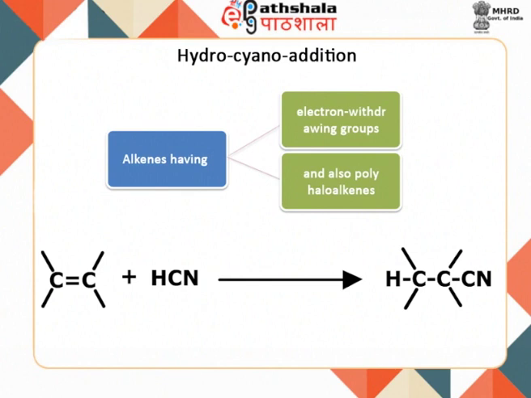HCN in the presence of base gives cyanide anion, which is a good nucleophile and adds to the activated alkene, giving the carbanion, which abstracts a proton to result in the formation of the nitrile product. When the reaction is performed with alpha-beta unsaturated carbonyls, then the 1,2 addition may be a competing reaction and sometimes is the major reaction, as discussed earlier.